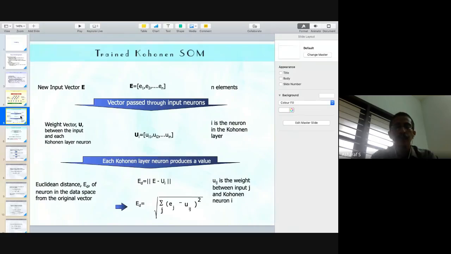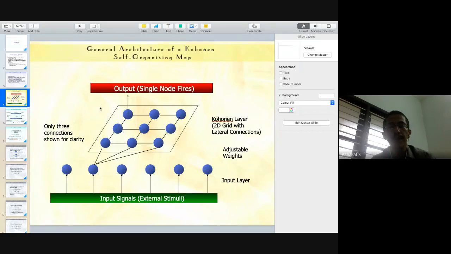So U is essentially the weight vector between the input and the Kohonen neuron layer. It's essentially the weight vector between every neuron and the input layer. So for example, let us consider this particular neuron.